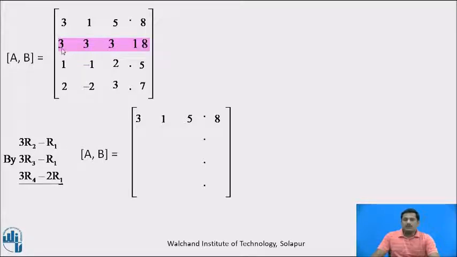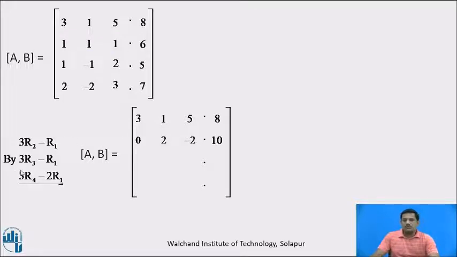After multiplying row number 2 by 3, we get these entries. Now subtracting this 3R2 and this R1, what we get? 3 minus 3 is 0, 3 minus 1 is 2, 3 minus 5 is minus 2, and 18 minus 8 is 10.